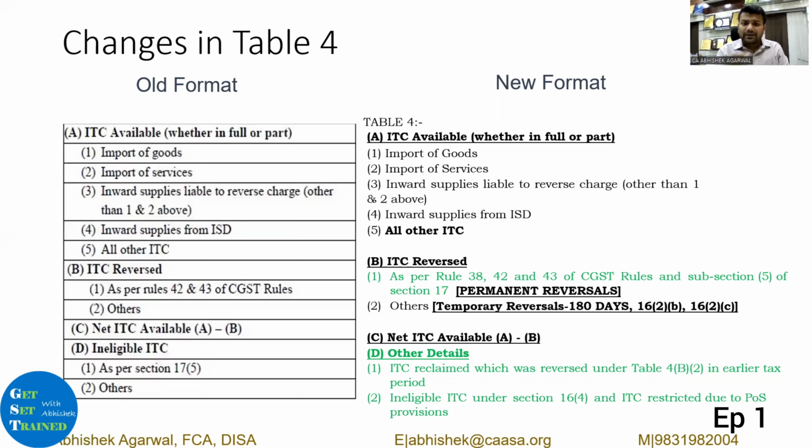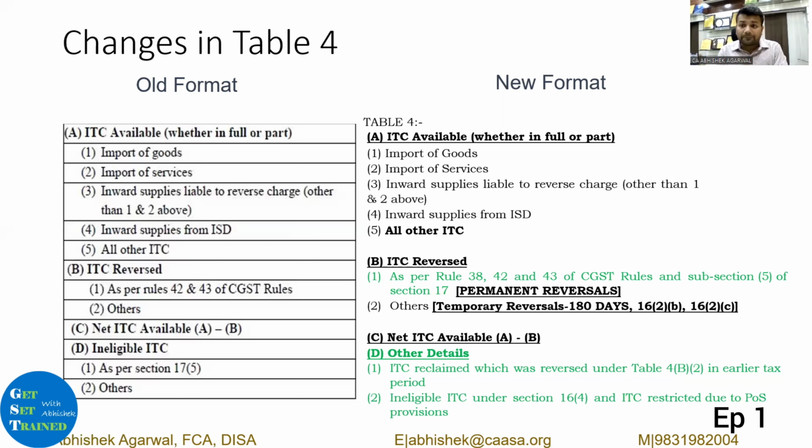Similarly, in the new format, the disclosure hasn't changed. Again, this will not have any impact on the net ITC, but the disclosure has been changed. What disclosure are they asking? Two very important disclosures. One, ITC reclaimed, which you have reversed in 4B2. So what I have said, let's say in the previous tax period, you have reversed something temporarily, and in a subsequent tax period, you want to take the recredit of the same credit.